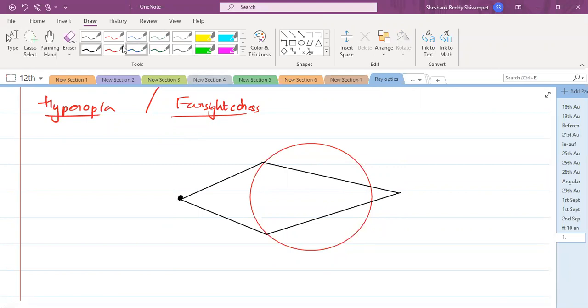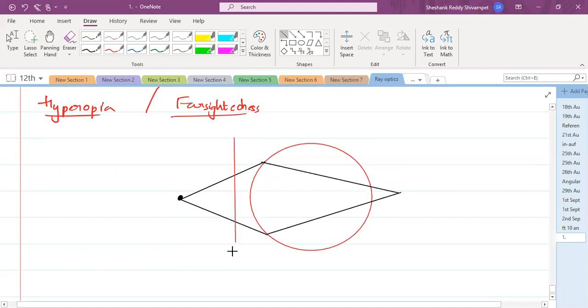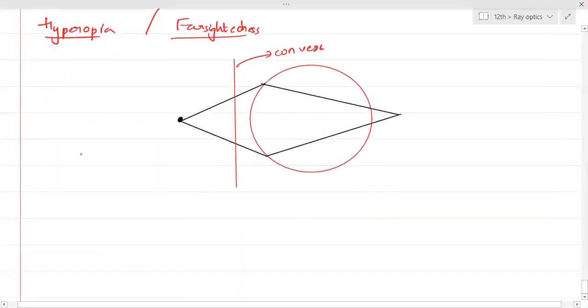So to increase the converging, which lens do we have to use? Which lens should we use here? Which lens will be the corrective lens? The corrective lens will be a convex lens, so that it converges more, and the final image will be formed at infinity. Okay? So normally in this case, near point will be at infinity.